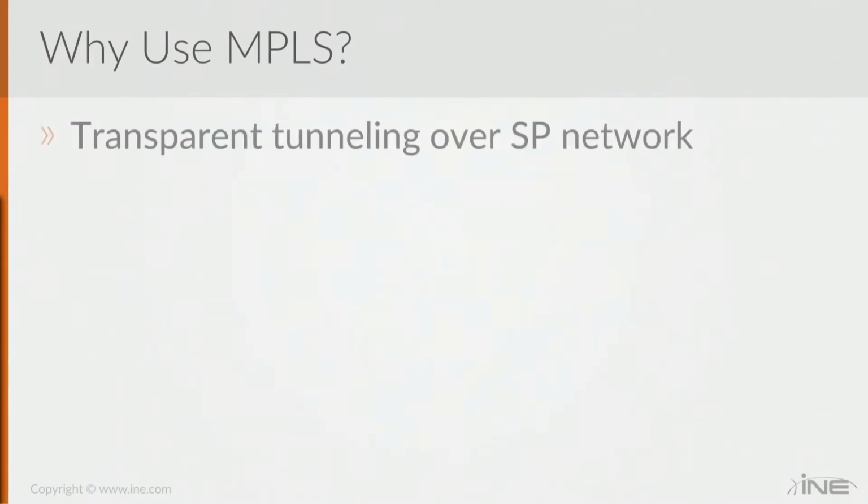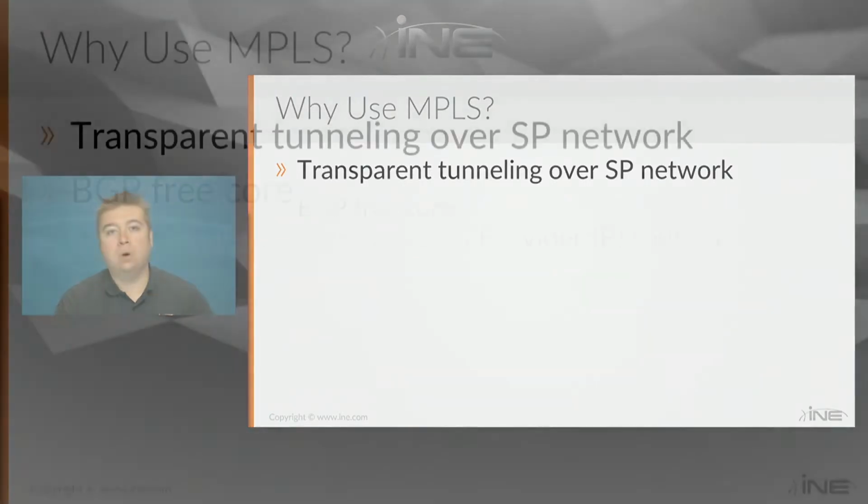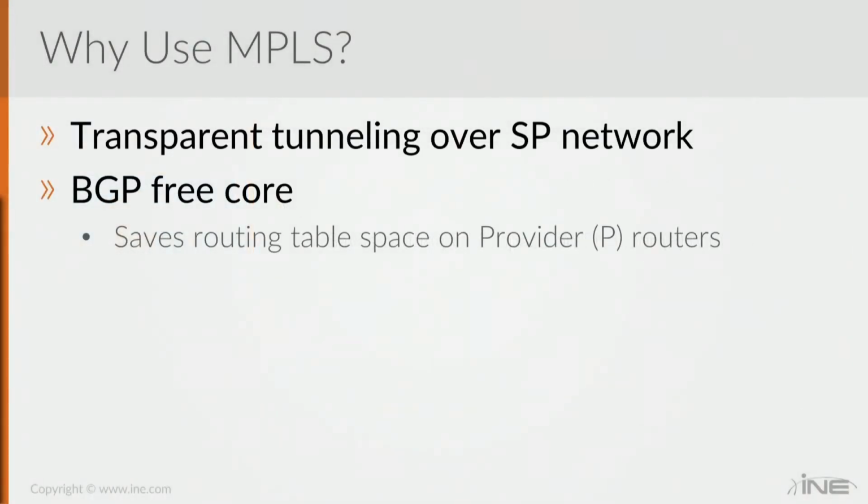Now, the main reason we use MPLS is transparent tunneling over the service provider network. We saw in our previous functional example that when we're running BGP in the service provider, the devices in the core don't need to know all of the destinations and all of the sources, and this is what we sometimes refer to as our BGP-free core.